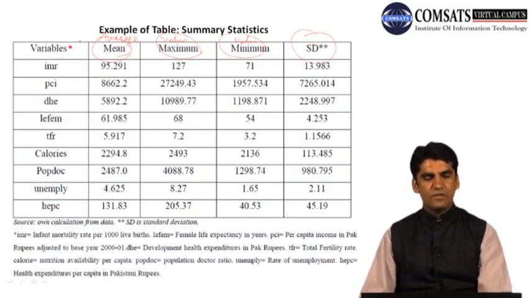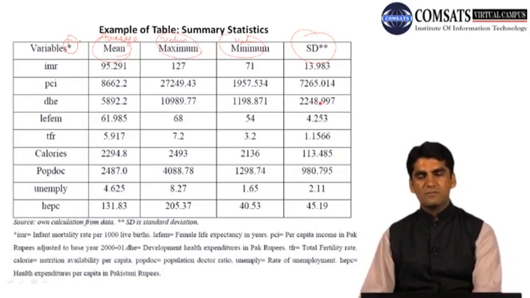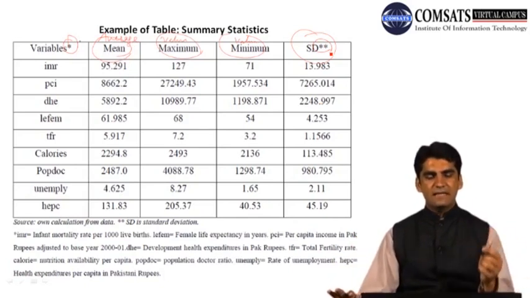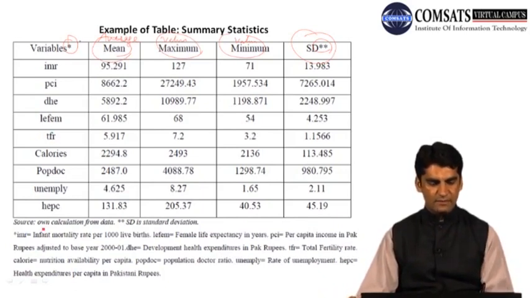And I have put 1 star on variables and 2 stars on standard deviation. It is not linked to significant or non-significant, but I have explained 1 and 2 stars below the table, where 1 star tells us about the various variables that we have used, for example what is IMR, what is PCI, DHE and HEPC.